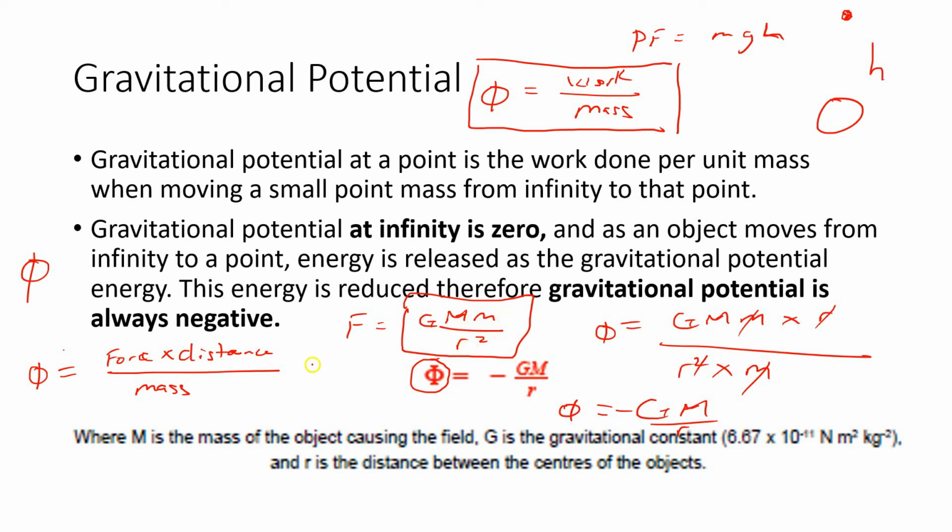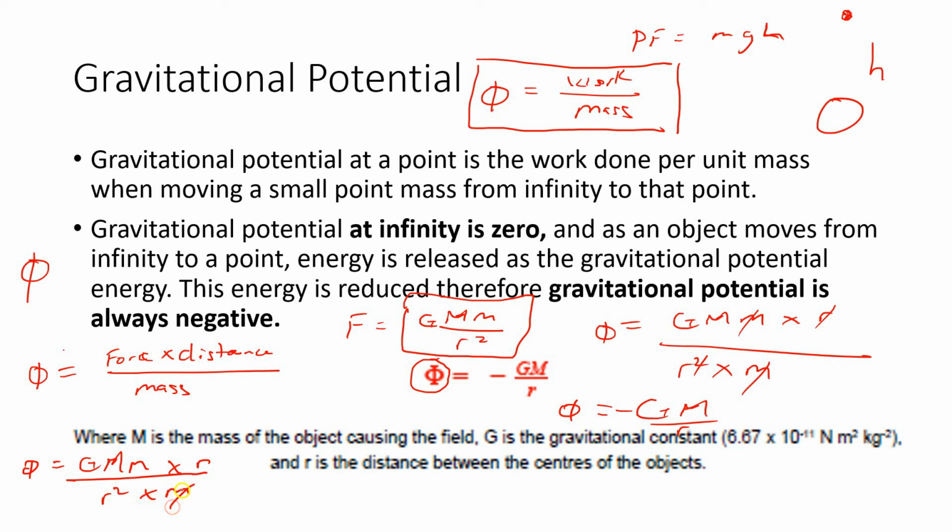So if we were to put everything together, we get this thing that says our gravitational potential is G times M, right, times small m, times R, which is just a distance, right, divided by R squared times m.